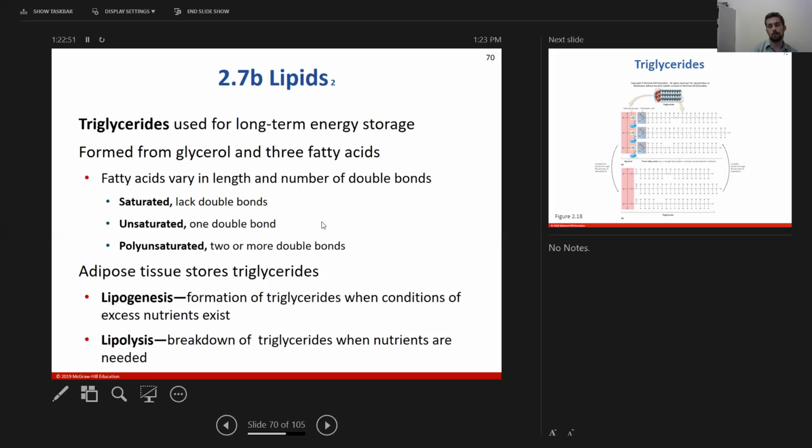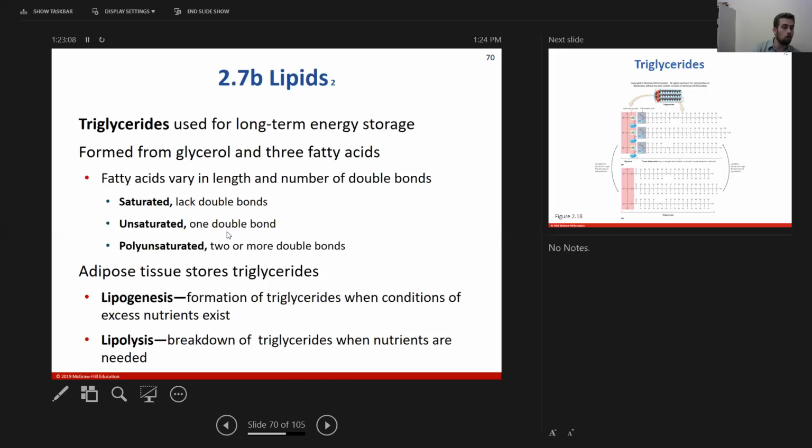Saturated fats are almost always solid at room temperature, like bacon grease and butter. Generally, animal fats are going to be saturated with hydrogens, and they stack up and form a nice semi-solid structure.